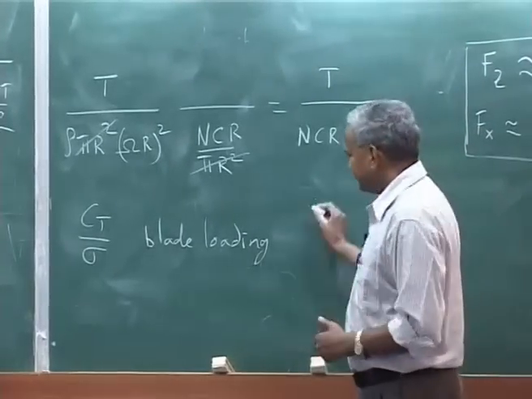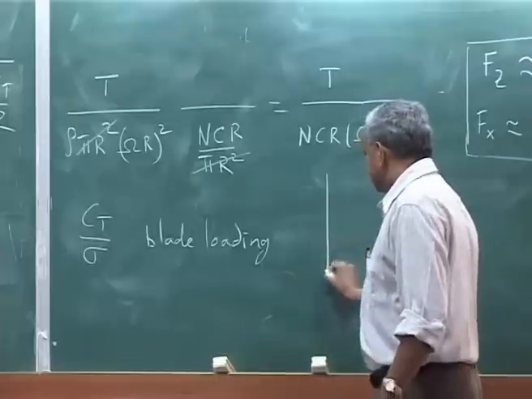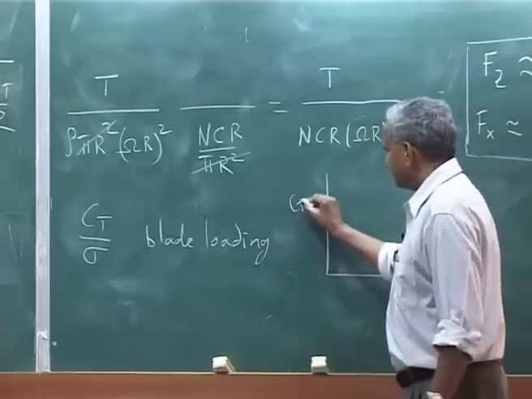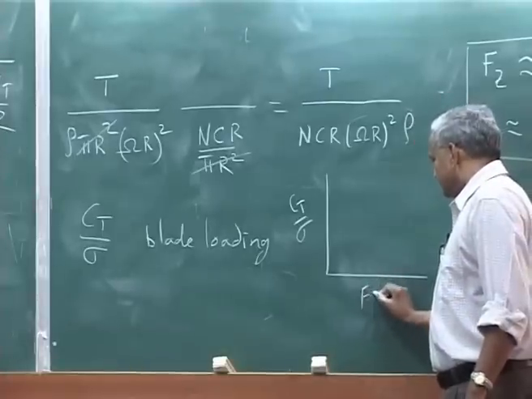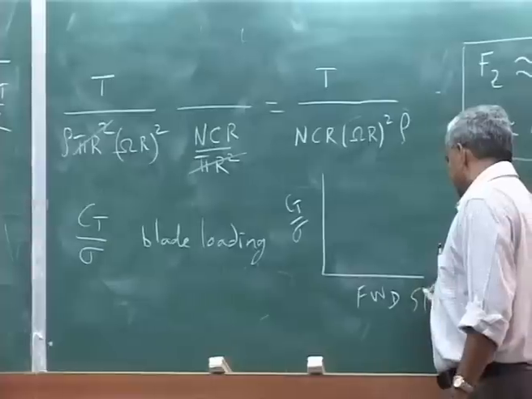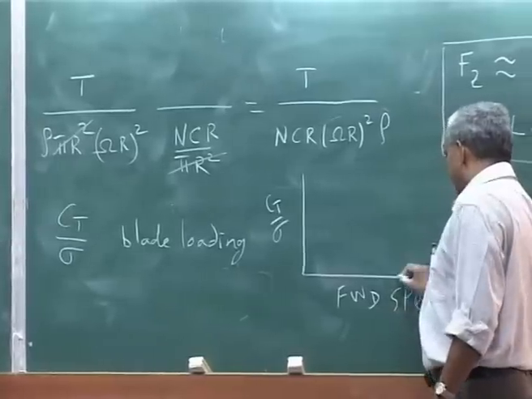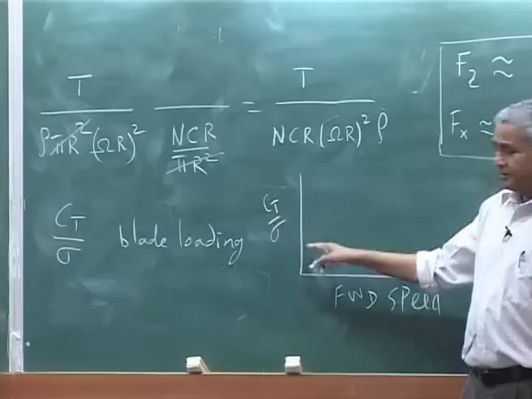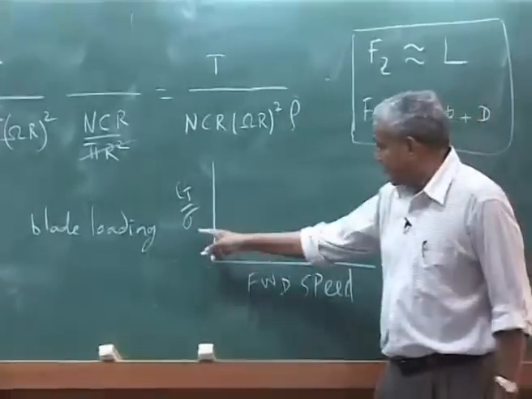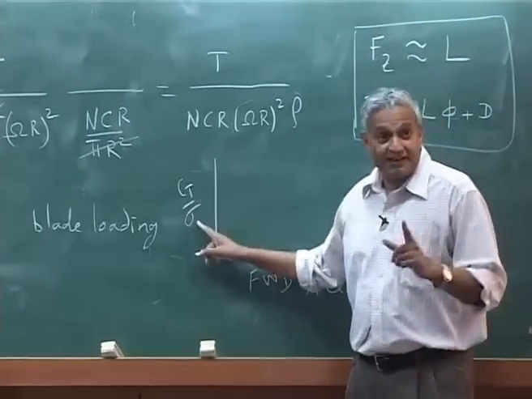I will just draw the diagram. CT over sigma, this is forward speed. Hover, yes, I know that. That means how much this quantity you can reach in hover for a given rotor.